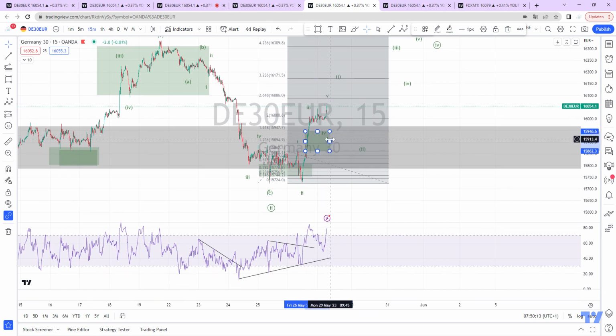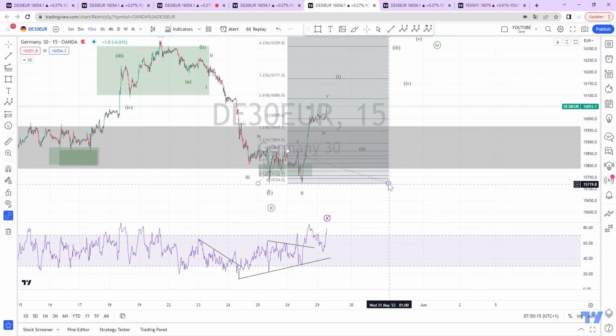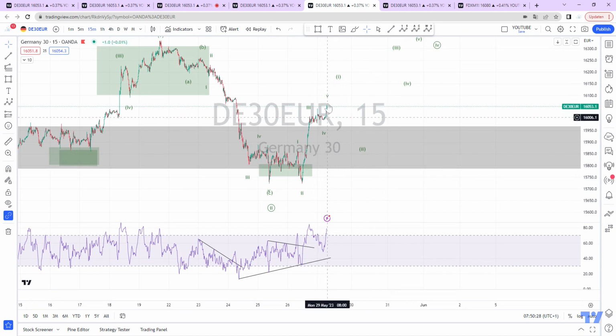So this means it is definitely a wave 3. If you extend the 1.618 Fib extension, then you have definitely a wave 3. But we do not have any area anymore to monitor and to initiate a short.